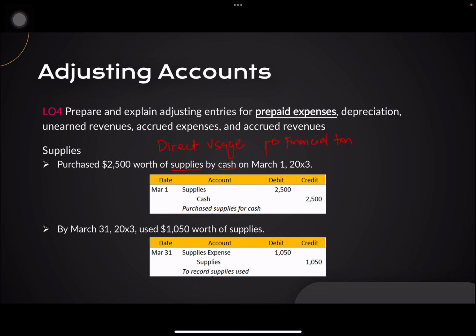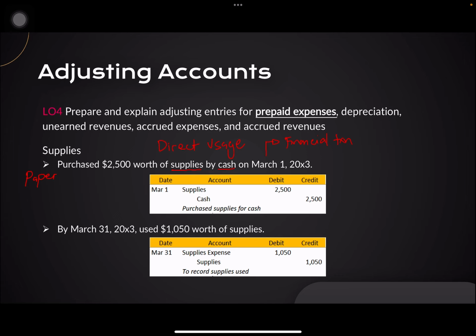So let's say this supplies is your paper. So this would be paper supplies, and it amounted to 2,500. And both supplies and cash are assets. But first, let's determine the effect on our cash and what happened to our supplies account. To dig this deeper, we purchased $2,500 worth of supplies. What happens when we purchase supplies?